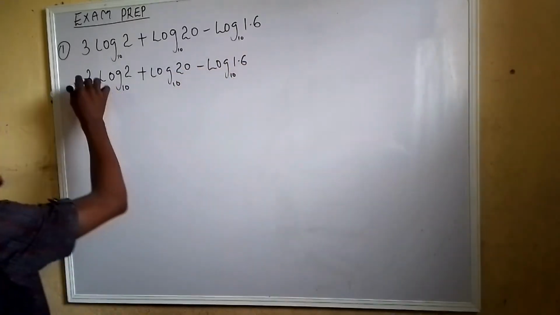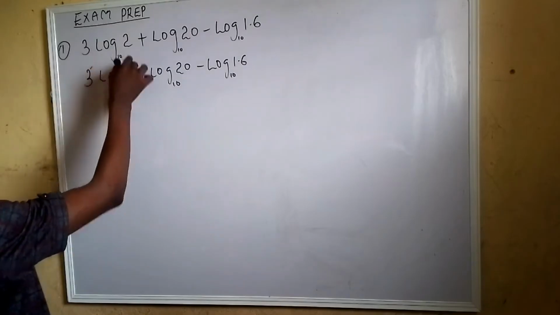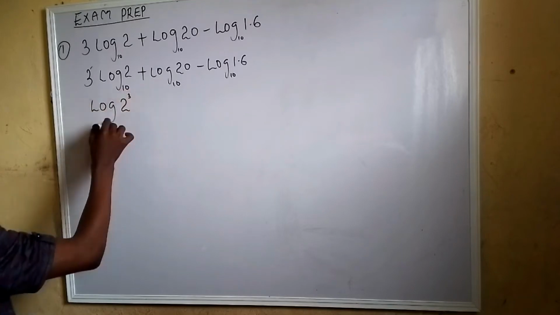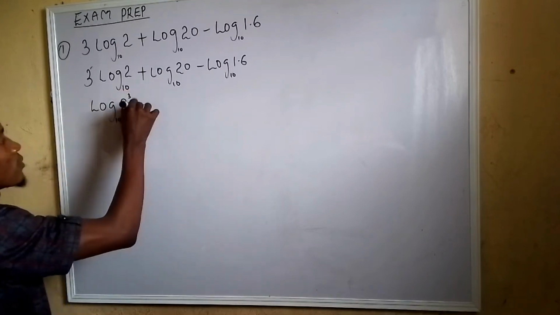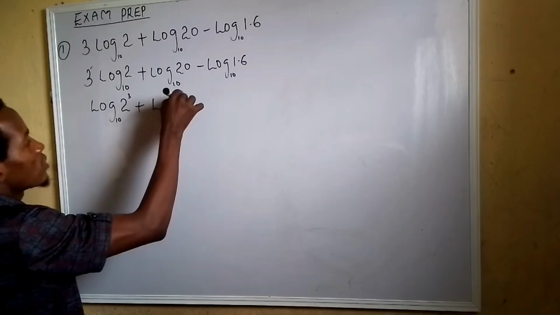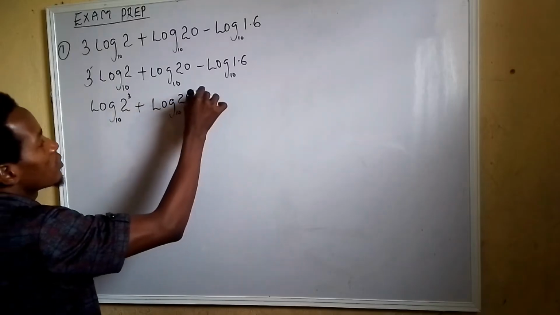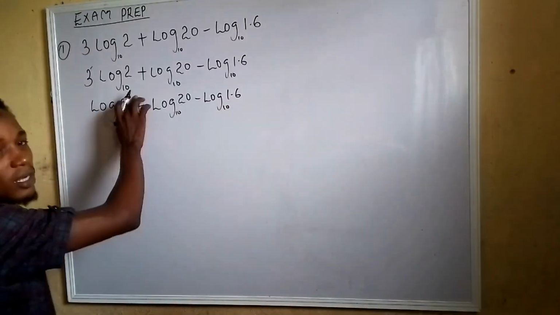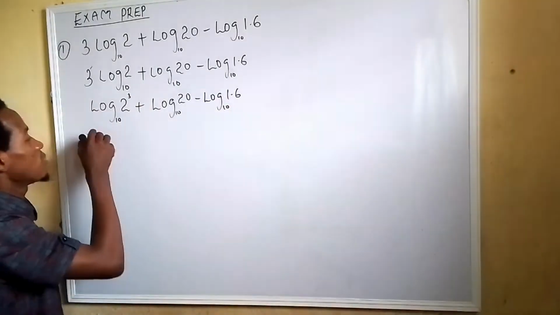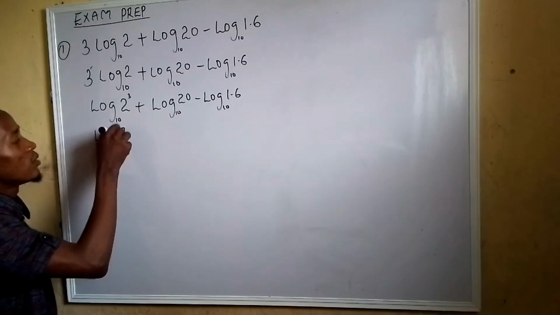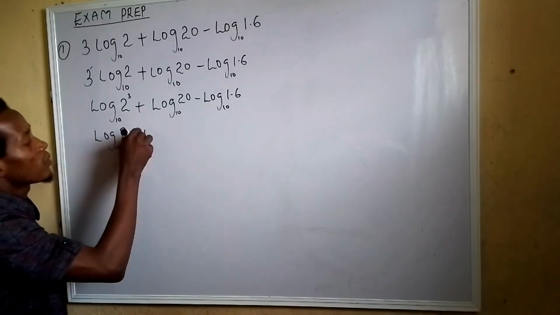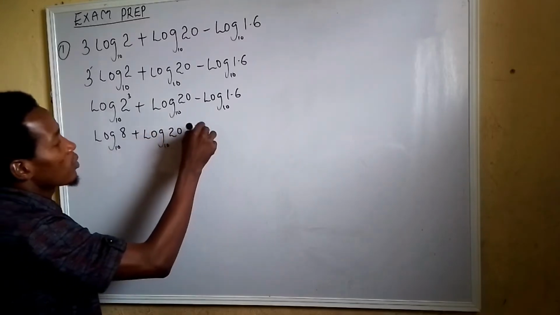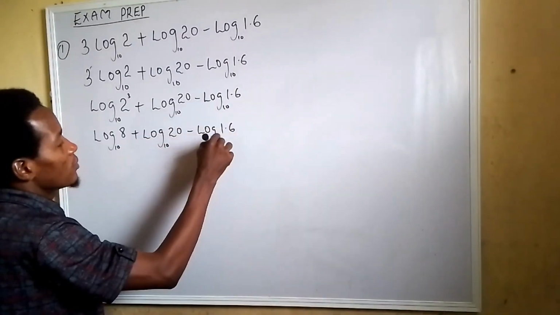Focusing on this, the 3 comes up here as a power. That gives log 2 raised to power 3 base 10 plus log 20 base 10 minus log 1.6 base 10. We all know that 2 raised to power 3 means 2 times 2 times 2, which will give us log 8 base 10 plus log 20 base 10 minus log 1.6 base 10.